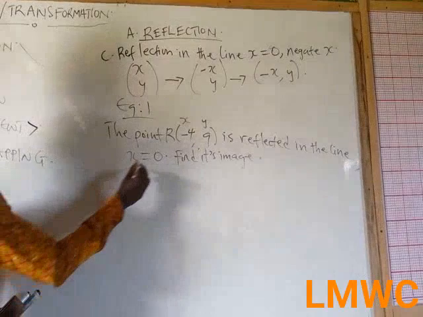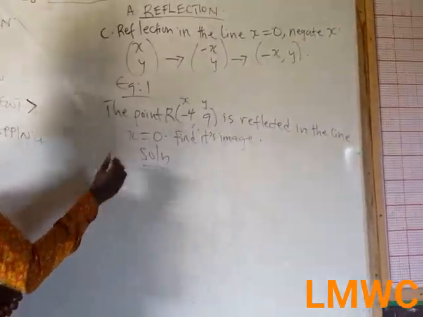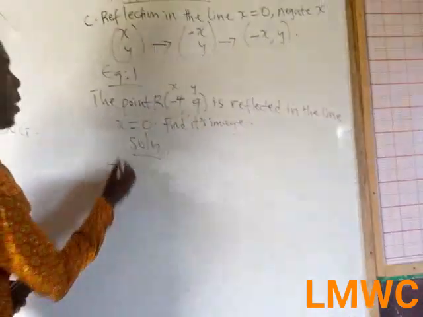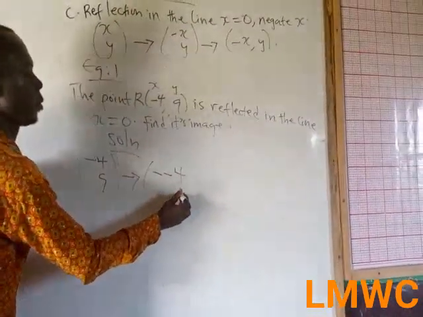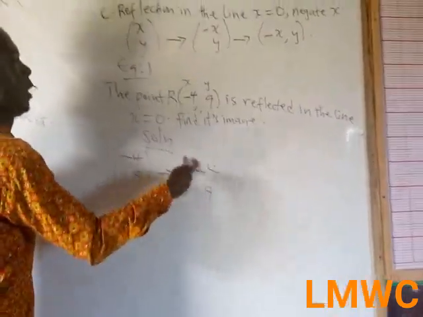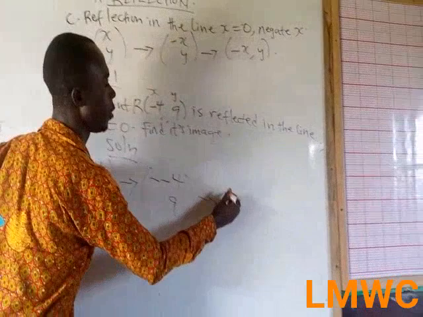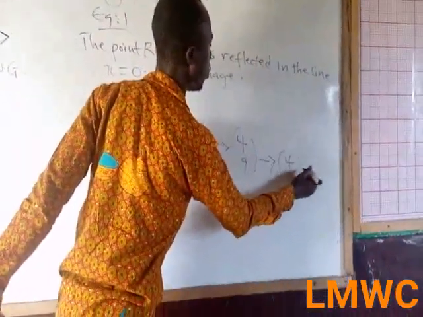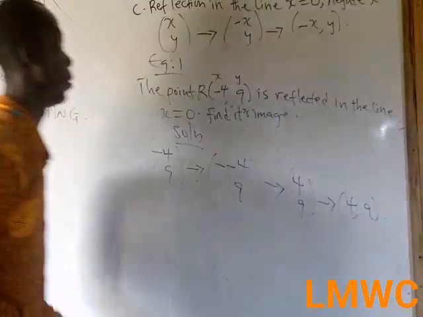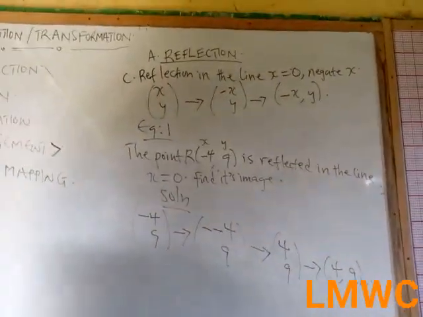Find its image. So what is x? x is -4 and y is 9. So we have (4, 9), since once two negative signs meet, it becomes positive. So this is reflection in the line x is equal to 0.